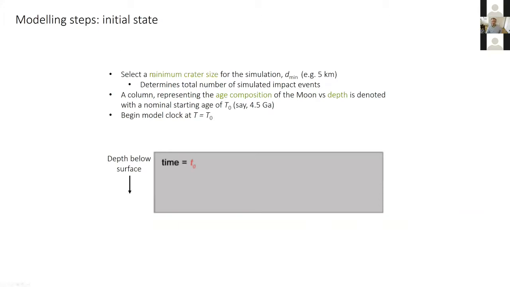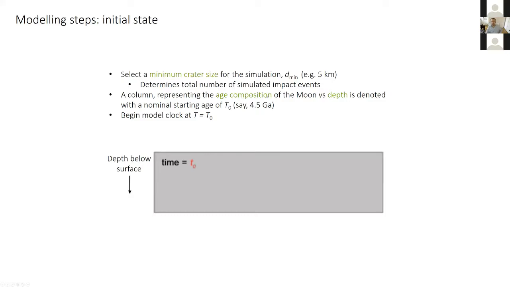So the next few slides show how the model works. So the initial state of the model, we say we start off with the moon, which is in a nominal starting state. So we label the whole material of the moon with a starting age, say 4.5 billion years. We begin the clock.